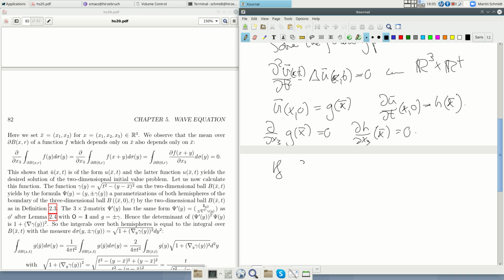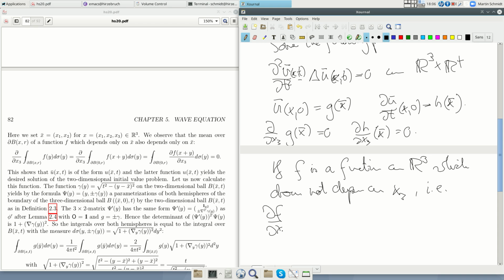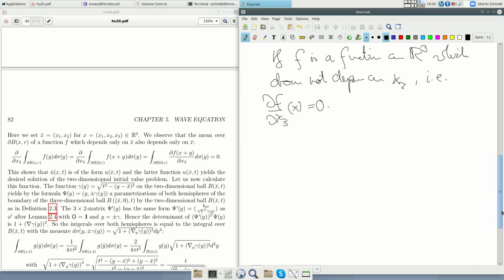If f is a function on R3 which does not depend on x3, the last coordinate, so that df by dx3 of x is 0, then of course the same holds for the mean.